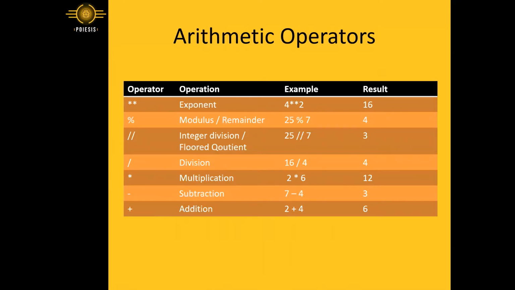So let's start with simple arithmetic operations. The operators in the table are arranged in their order of precedence, higher to lower. So the exponent operator has higher precedence than modulus or remainder, and so on.